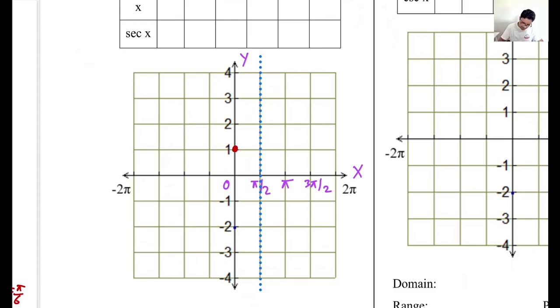And then you move on to the angle pi, and at pi we said the value is -1. And at 3 pi over 2 again you have an asymptote. And at 2 pi you are back to 1.